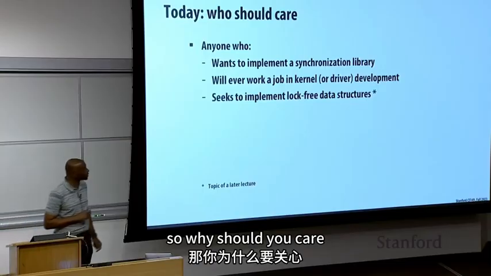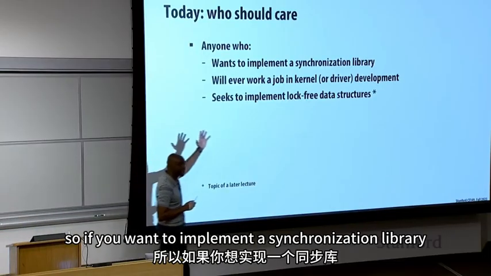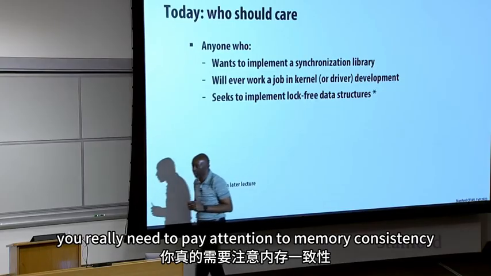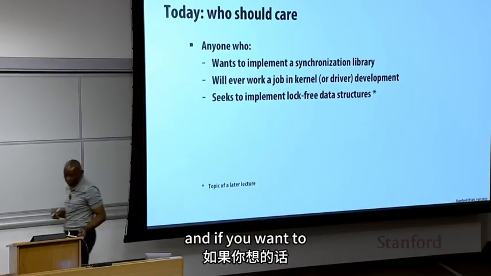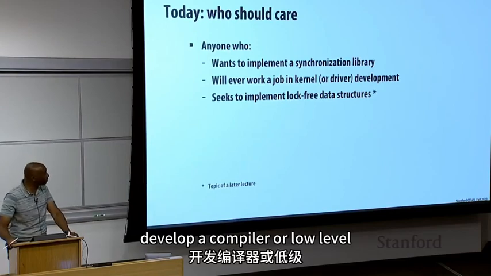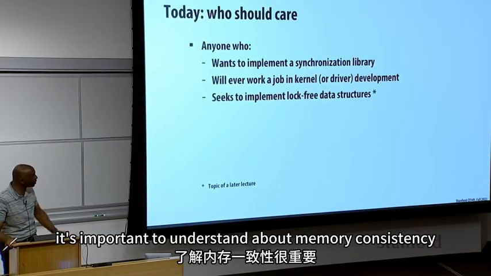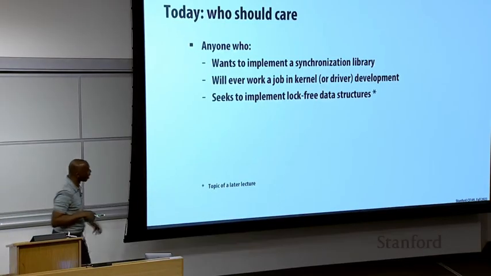So why should you care? If you want to implement a synchronization library, you need to pay attention to memory consistency. If you want to develop a compiler or low-level OS code, it's important to understand memory consistency.